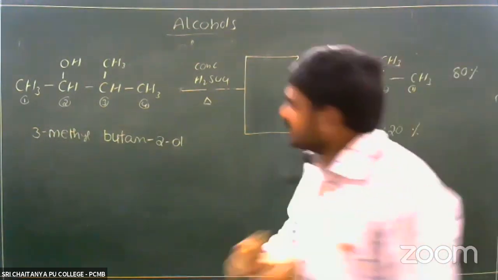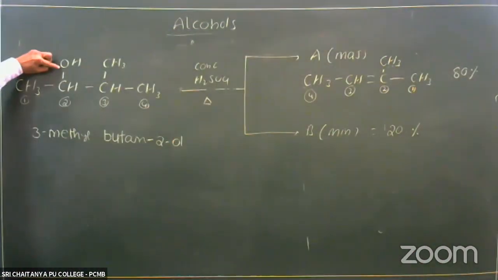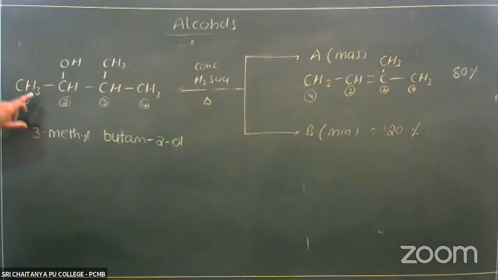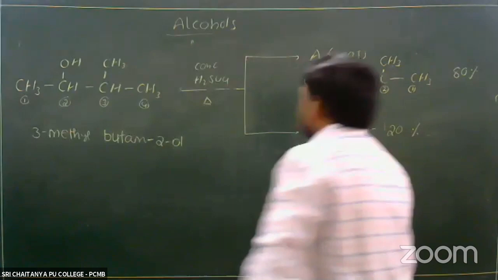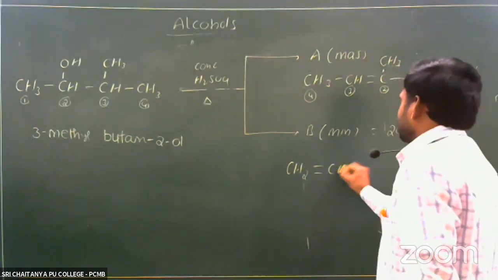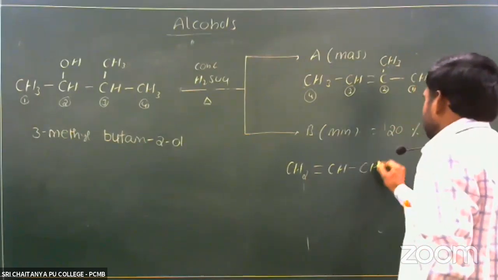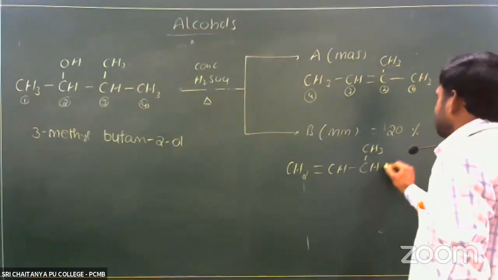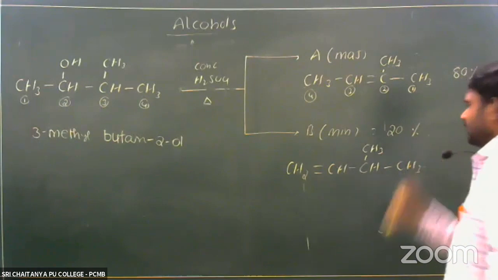What is the other possibility? Suppose this OH and this other H are involved in dehydration. If it loses one H plus ion, the double bond is formed: CH2, double bond, CH, CH attached with CH3, then CH3.